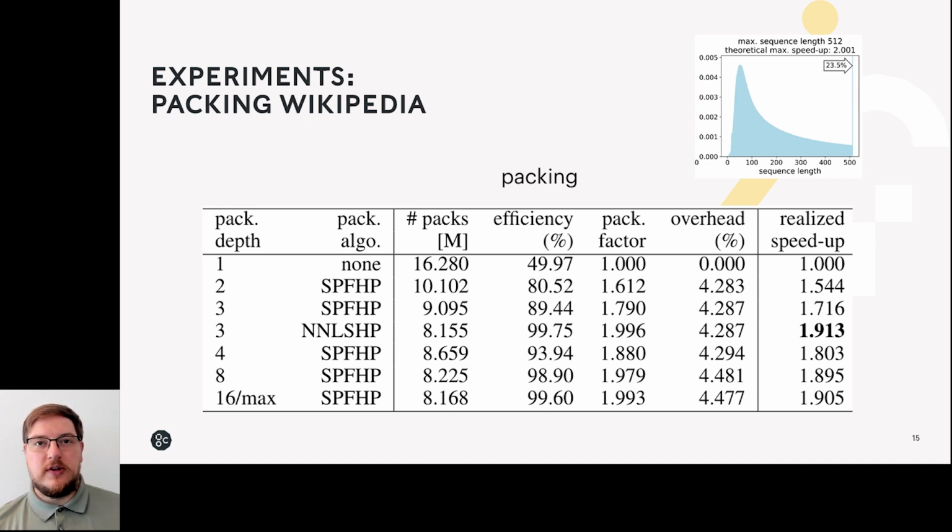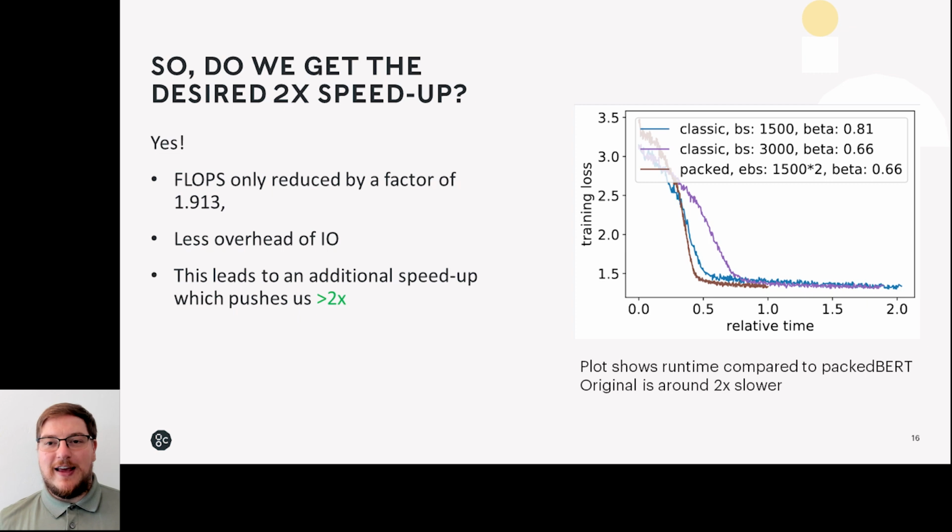So the question remains, do we get these results in practice? And the answer is yes. Yes, we get 2x speedup. If we look only at the flops, the effort is actually only reduced by a factor of 1.913.